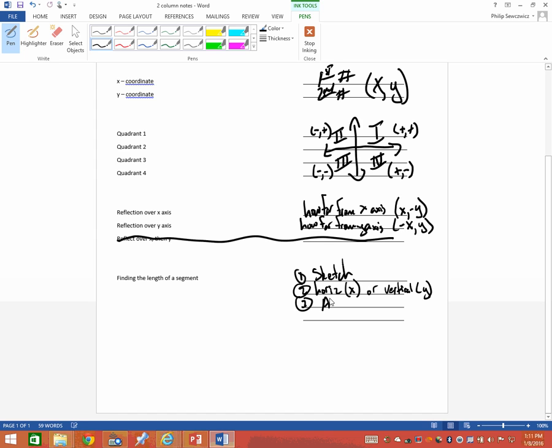Next thing was you take the absolute value. And lastly, this is when you had to decide if you had to add or subtract. Remember, we would add if it would cross an axis, and subtract when it doesn't cross the axis.